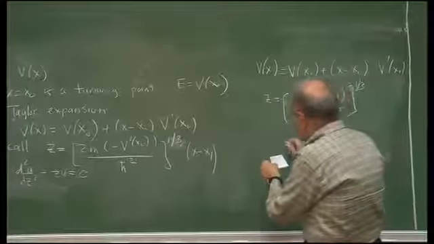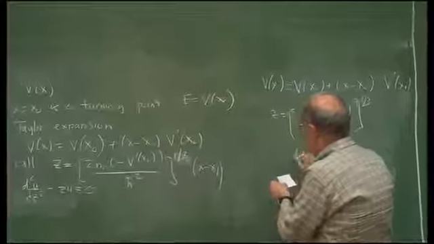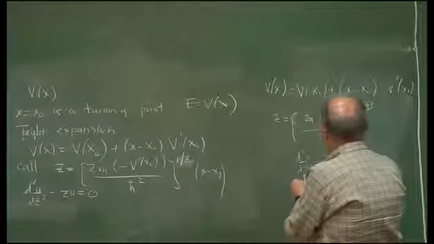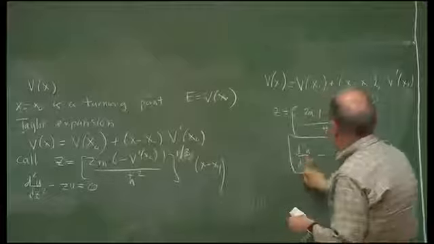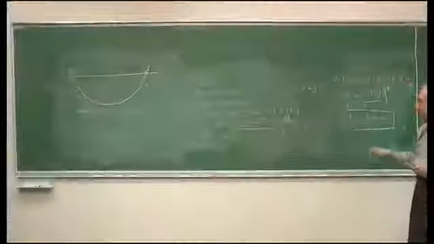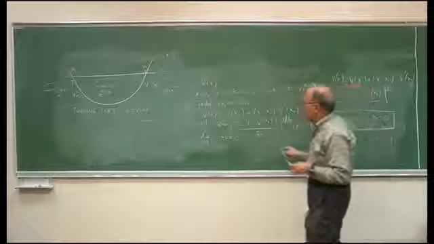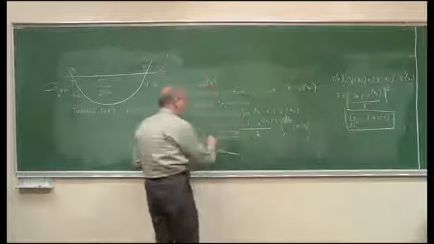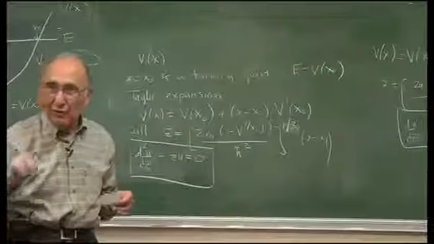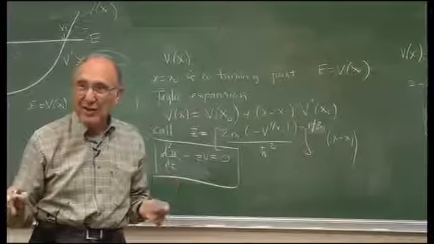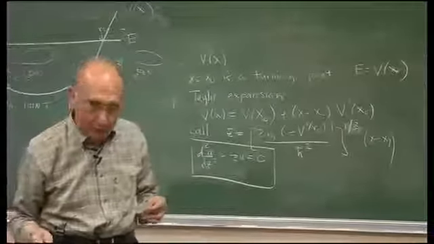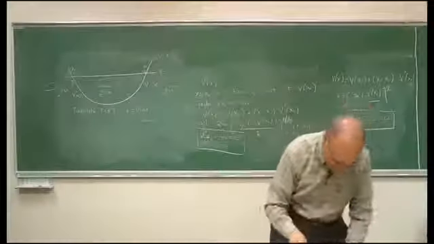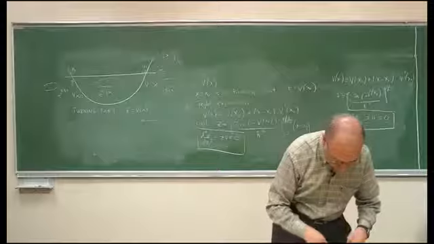And then, again, we get this equation. Now, fortunately, this equation, which happens to pop up on both sides of the turning point, has an analytical solution, and we can return to that analytical solution next time.